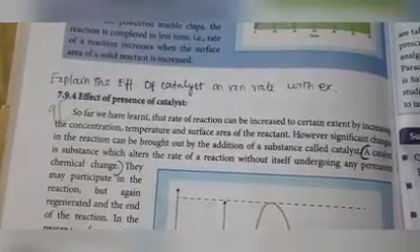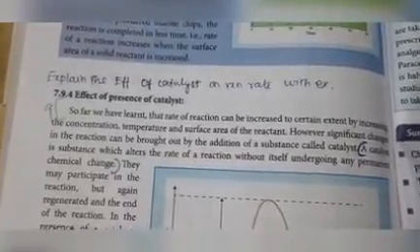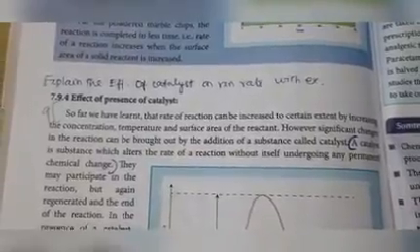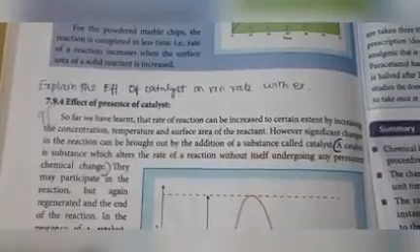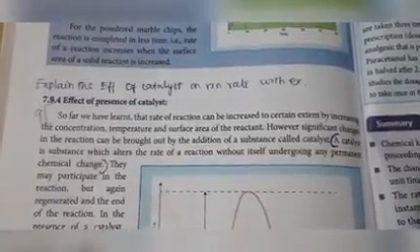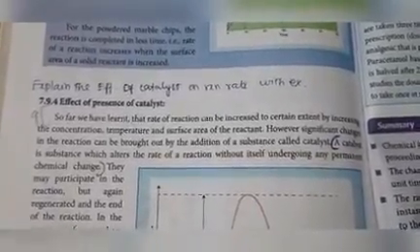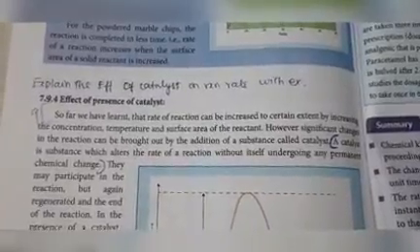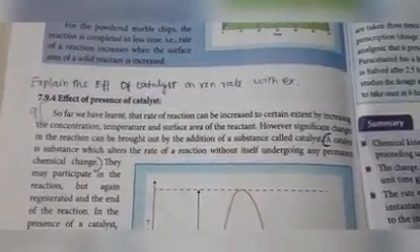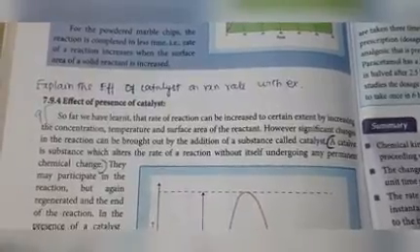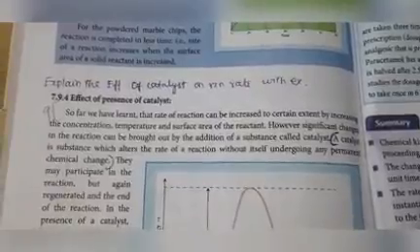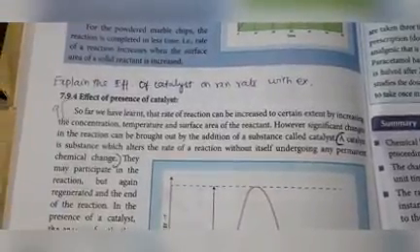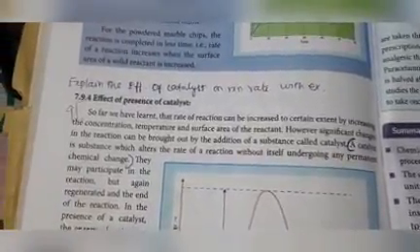However, significant changes in the reaction can be brought about by the addition of a substance called a catalyst. That means, if you add a catalyst, it will also influence the rate of the reaction.